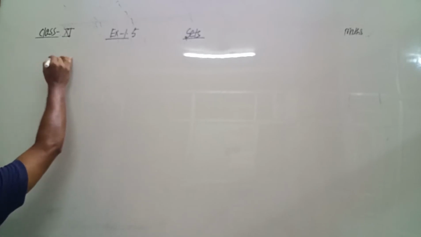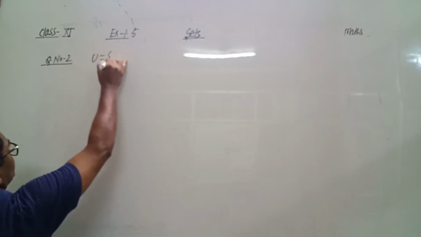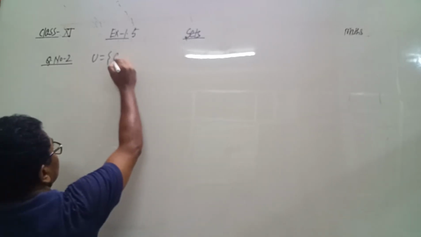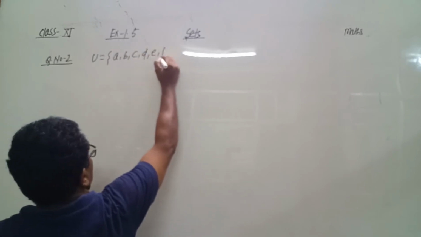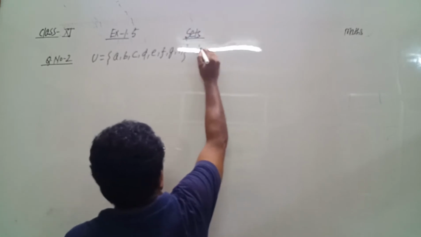We have been given the universal set U, where U is {A, B, C, D, E, F, G, H}, and some other sets. Find the complement of the following sets.